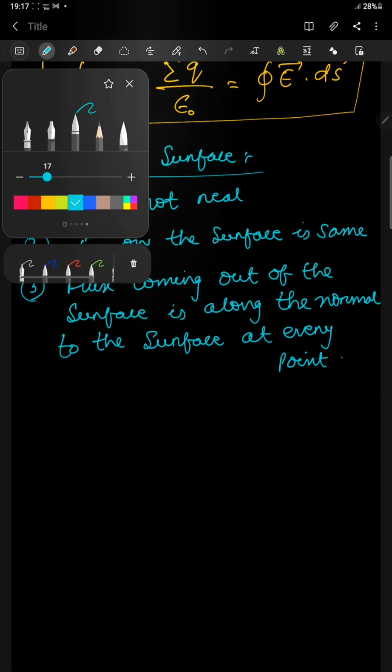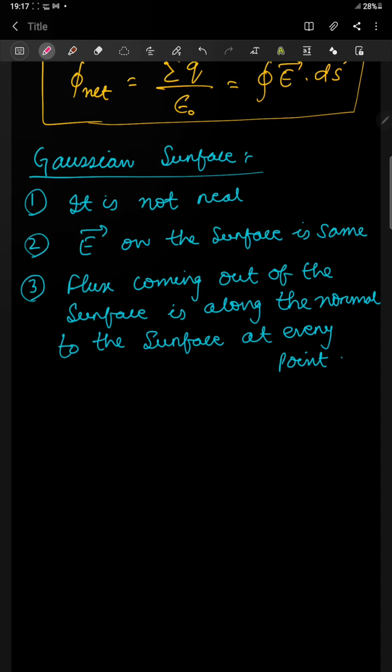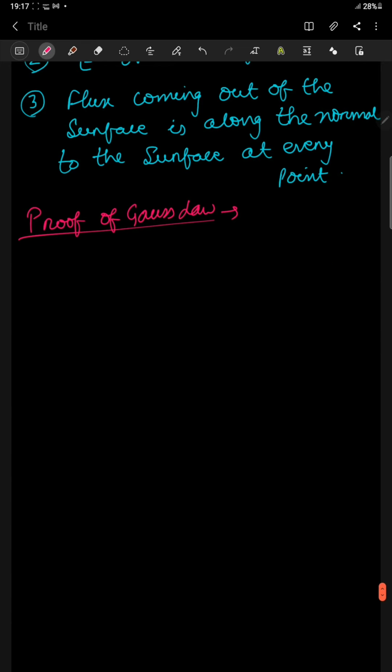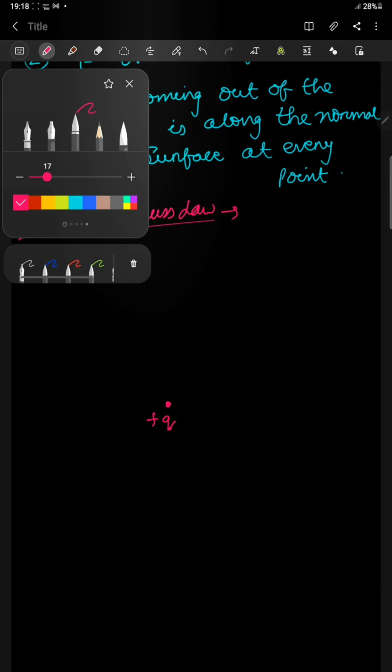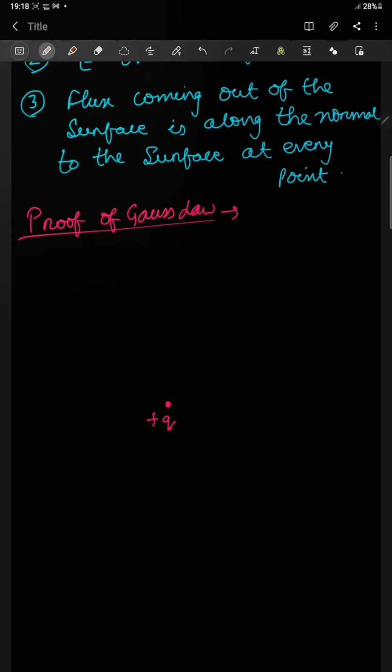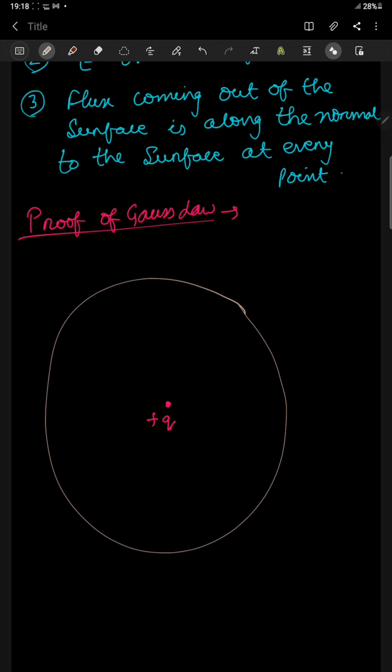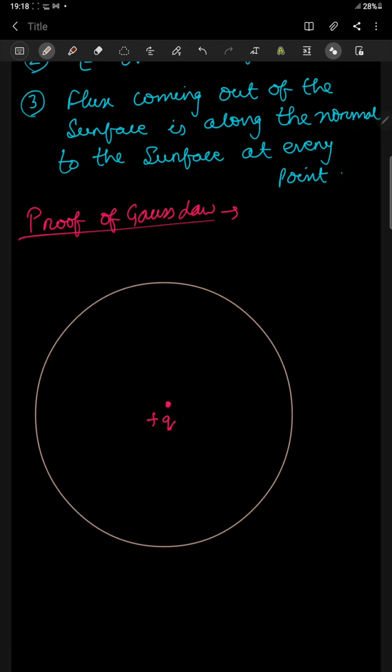Now the Gauss law, the statement which I have given, let us prove it. So this comes as a 3-mark question also. Proof of Gauss law. Okay. So for that, one of the charges plus Q is given to us. And then to find this Gauss law, we have to draw a Gaussian surface, and the Gaussian surface here will be a sphere.